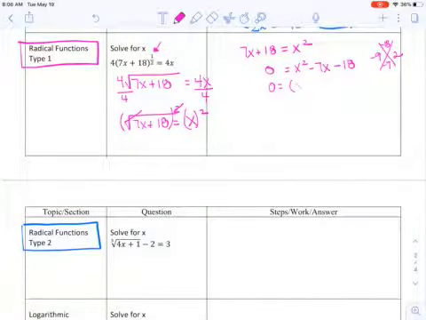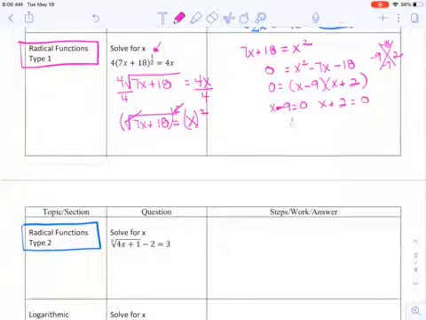So 0 equals x minus 9 times x plus 2, and so x minus 9 is 0, x plus 2 is 0, so x will be 9, or x will be negative 2. But remember, these guys you have to double check also.